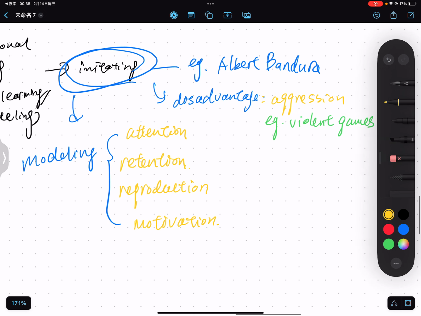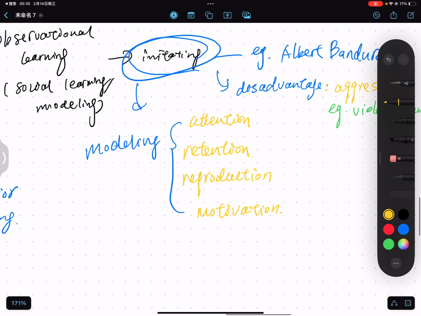The cultural transmission of learning also has a really important influence. For example, memes: people send them to you, and you will imitate this behavior.